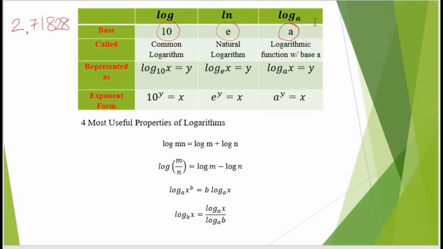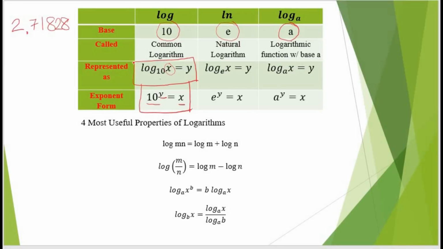In equation form for our common logarithm, this is our equation. In exponential form, this is our equation. Notice that this, our base 10 to the power of y, is equal to x. In exponential form, this base to the power y is equal to x.